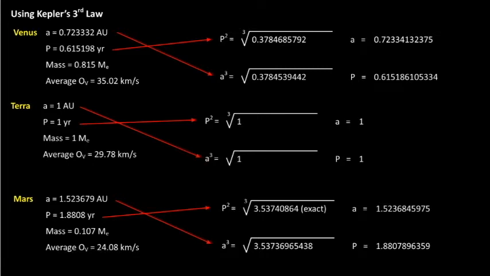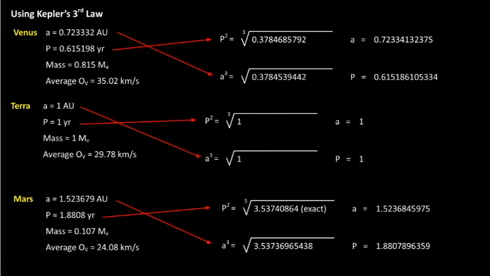Okay, and then I included their mass in Earth masses, that's the m subscript e, and then their average orbital velocity. And if you notice, Venus is closer to the Sun than Earth, and Earth is closer to the Sun than Mars. And look at their orbital velocities. Venus is the fastest here, and Mars is the slowest.